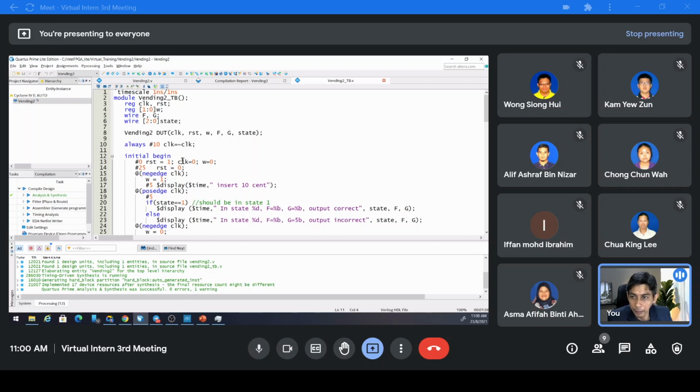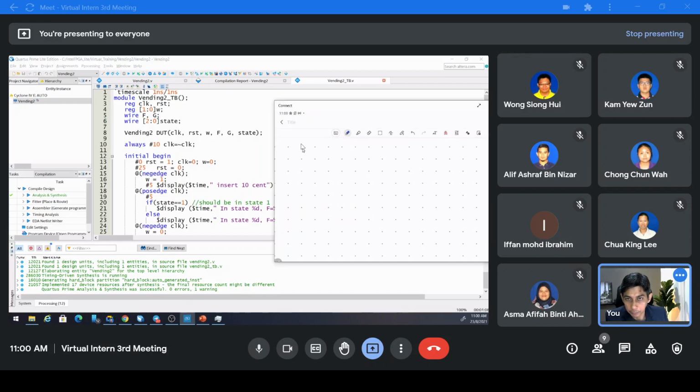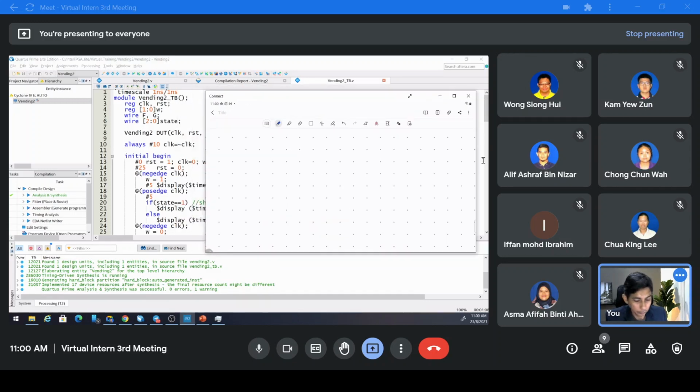This one, and remember, at time 0, in the initial block, we need to set the clock to start at 0 or 1, depending. All right, in this case I use 0. So if we write like this, what happens is that we create the clock like this. At time 0, the clock will be logic 0.